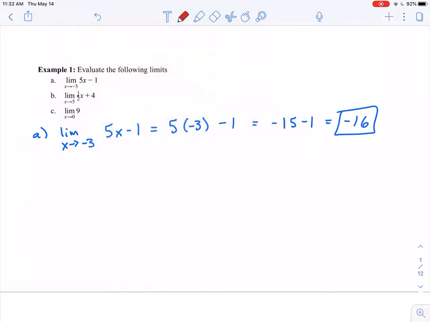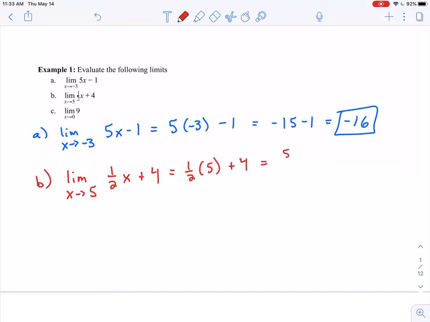Let's look at B. Here I have the limit as x approaches 5 of 1/2 x plus 4. Again, this is a linear function, so I can evaluate this limit. I can just take 5 and plug that in for x. So 1/2 times 5 plus 4.